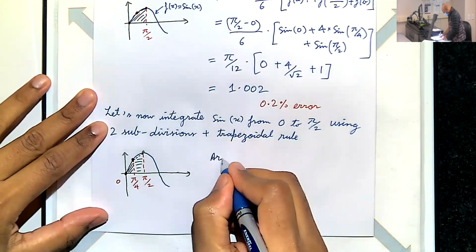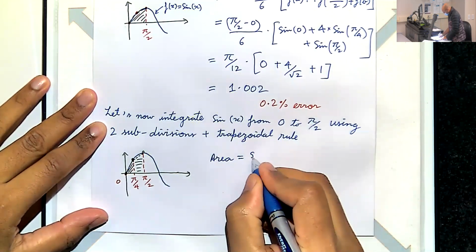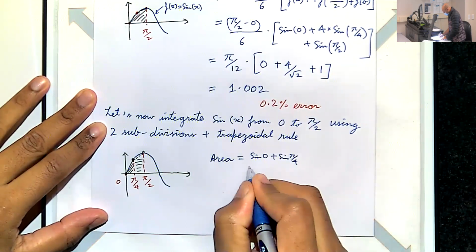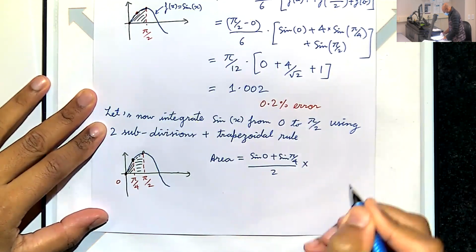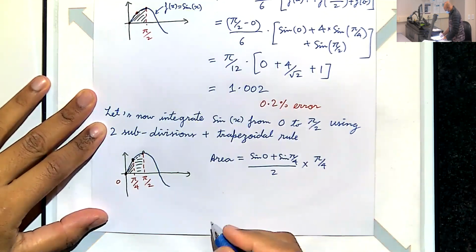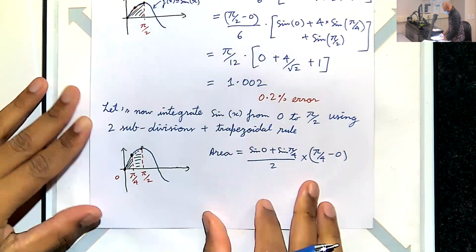Right, so area is equal to, first trapezoid is sine of 0 plus sine of pi over 4, over 2, times delta x, which is pi over 4. And, well, we'll make it more explicit like this.